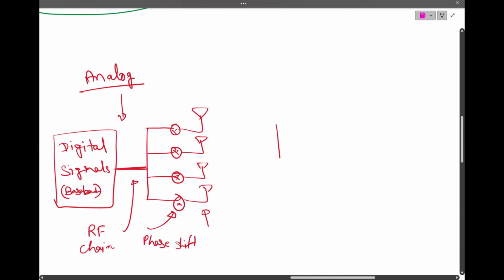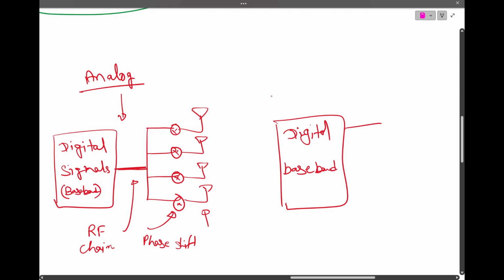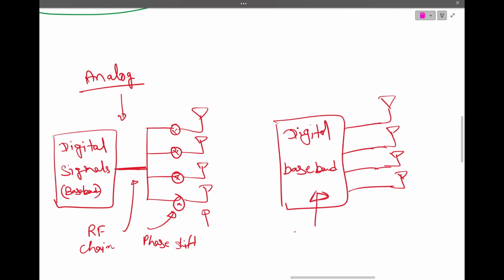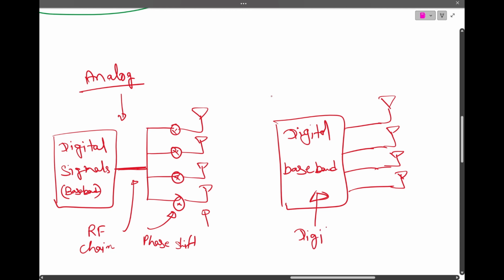But in case of digital, these are digital or baseband signals, and they are directly connected to antennas. So the phase shift is given digitally. Digital phase shift is given.